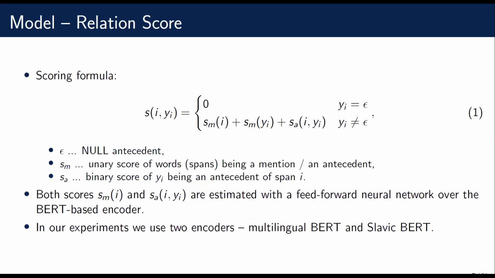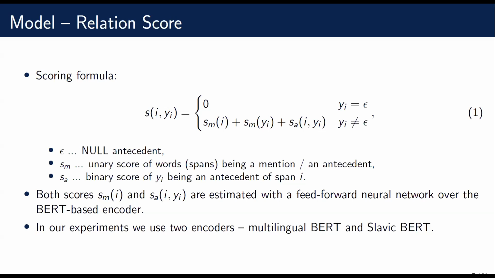So the centerpiece of the model is the scoring formula. It uses a binary and unary score. The unary score models the probability of some sequence of words being a mention or being an antecedent. There are different networks that model it differently.